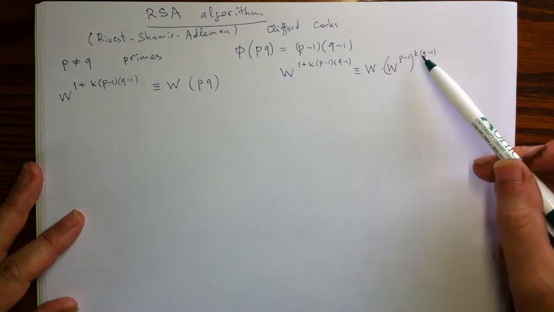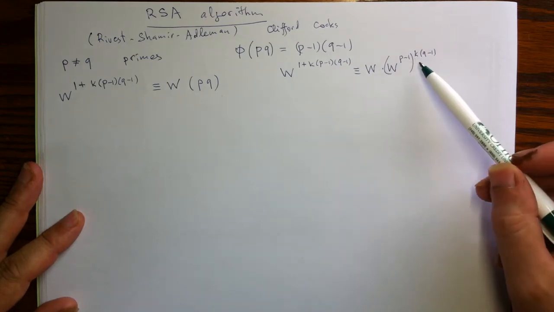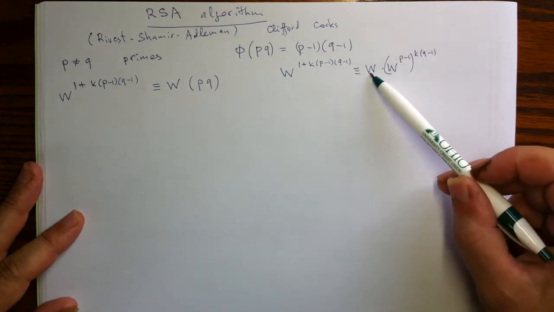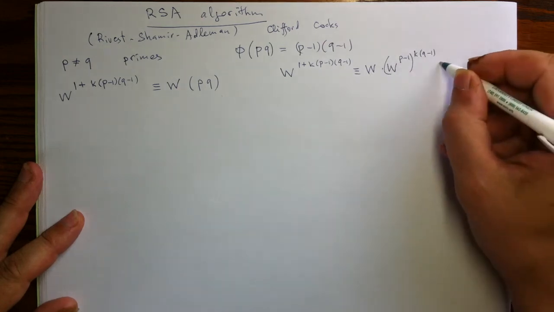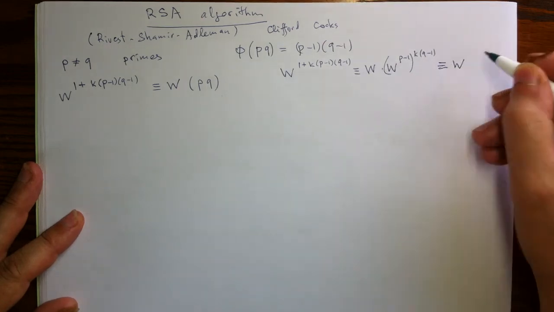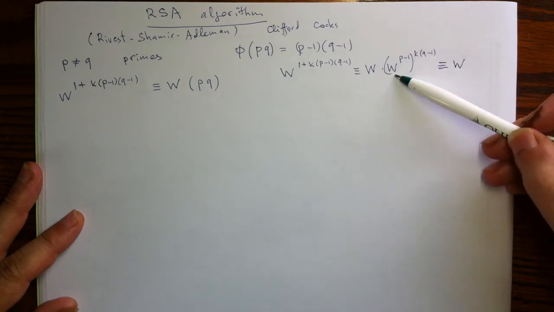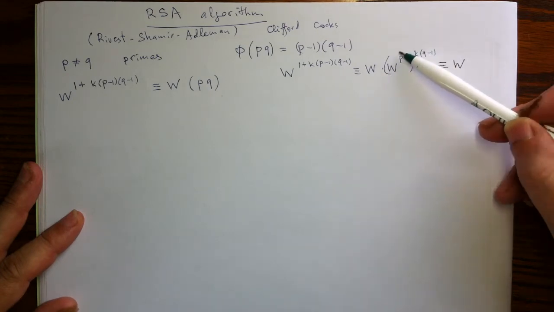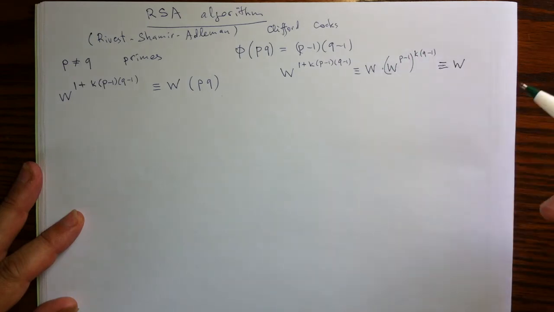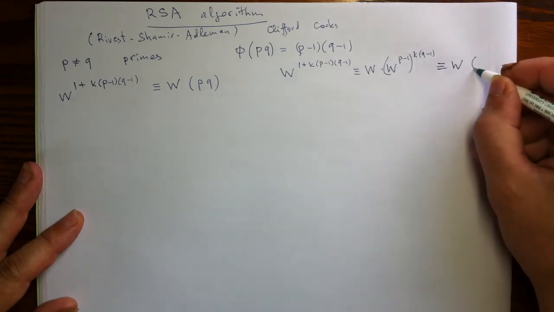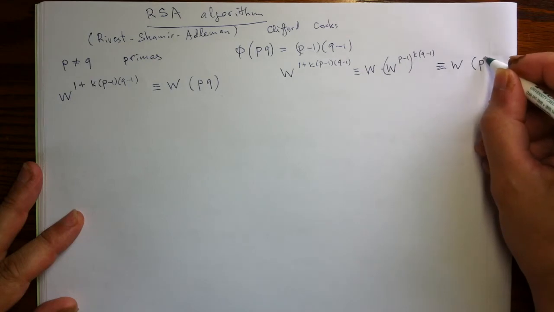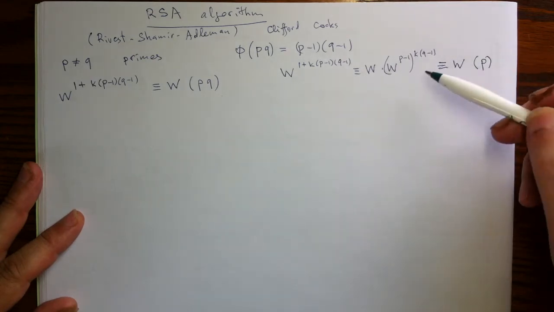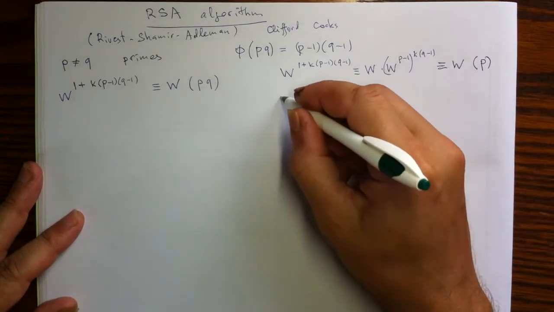So according to Fermat, if W is 0, then that is 0, and of course it will be congruent to 0, which is W. If W is non-zero, then this power is going to be 1, and I still have W as the answer. So in both cases the product is congruent to W.